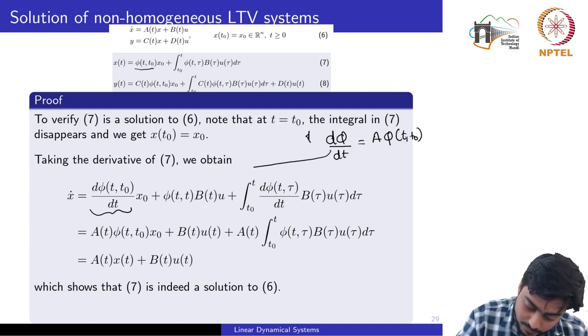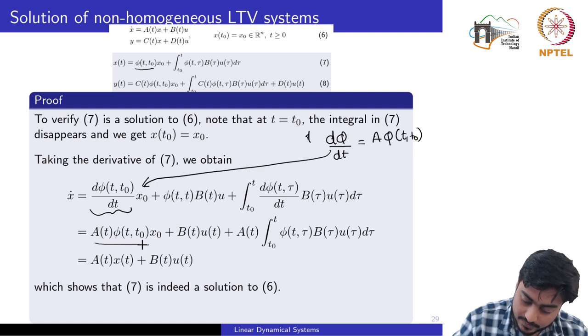So if we put this here, we get A of t phi t comma t naught into x naught. Phi t comma t is basically the identity matrix, so it would go away, and B of t u of t remains. Similarly we could replace here as well, and then this part would remain.